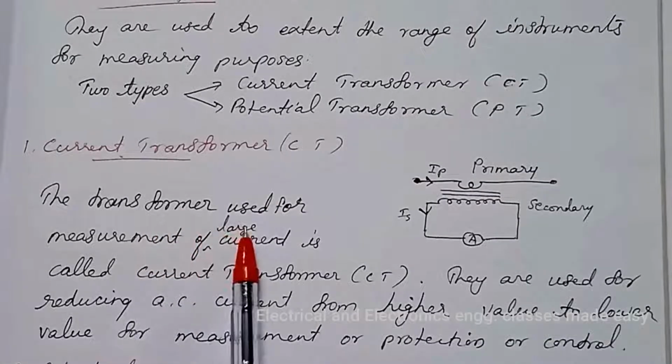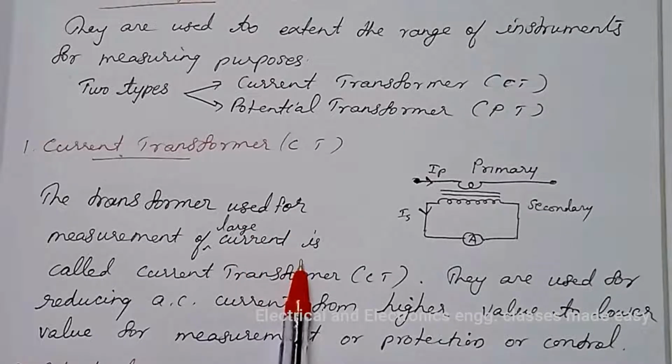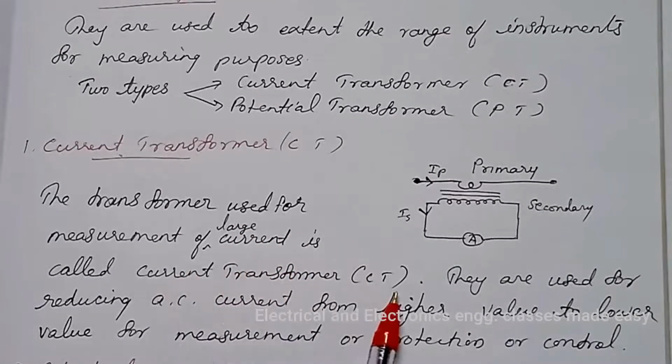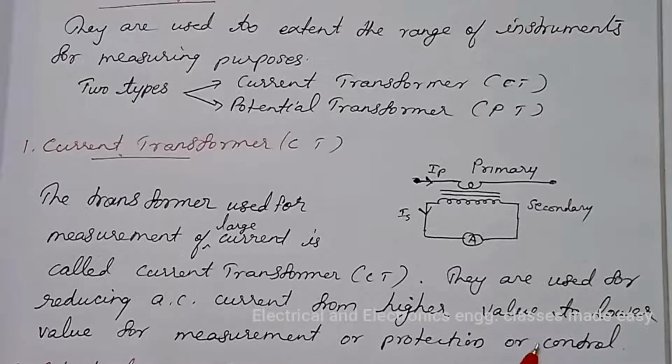The transformer used for measurement of large current is called current transformer. And the current transformers are used for reducing AC current from higher value to lower value for measurement or protection or control.